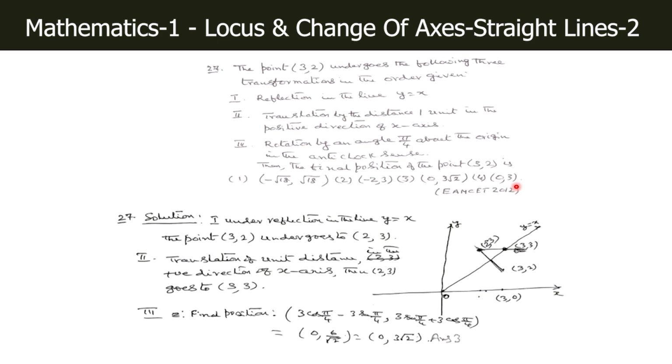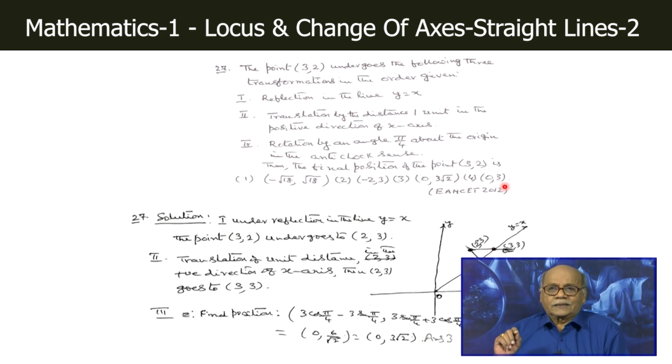Okay, right. And I want to tell you the various formulas in the change of axis. First of all, shifting of origin, that is a translation of the origin without changing the direction of the axes.